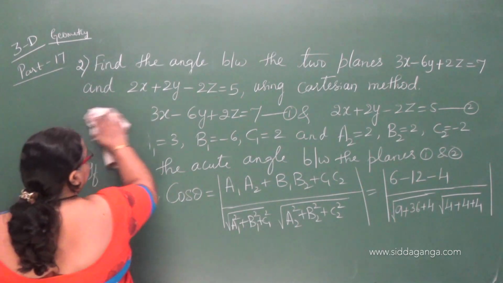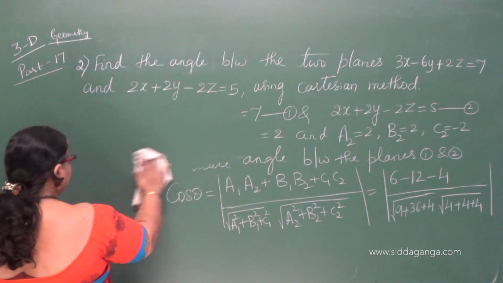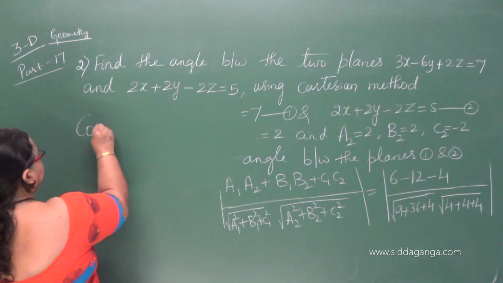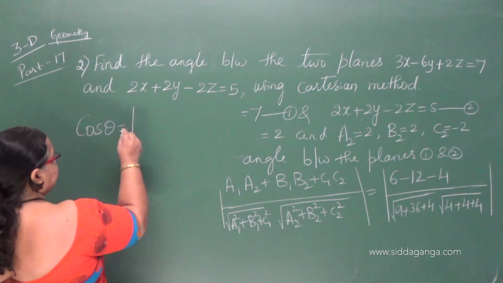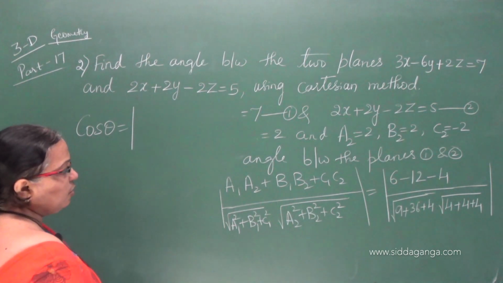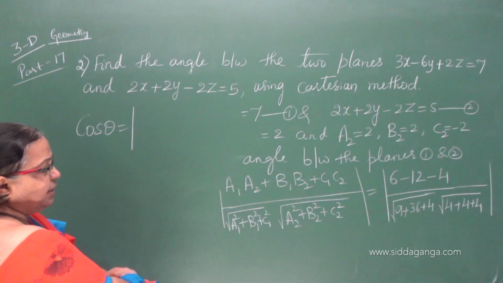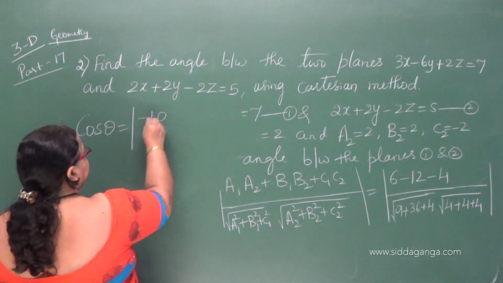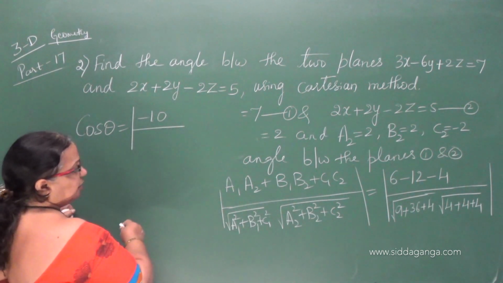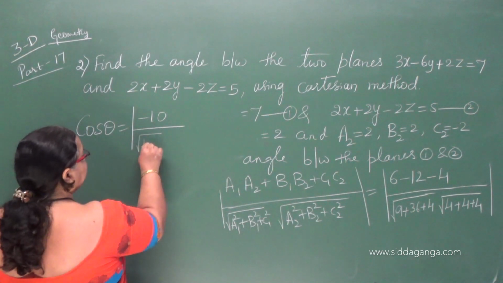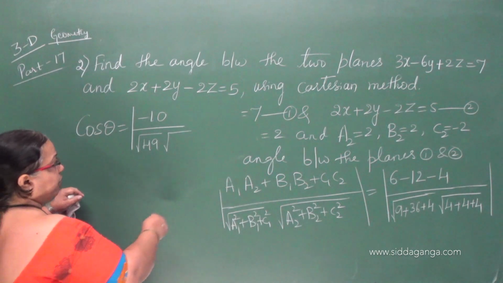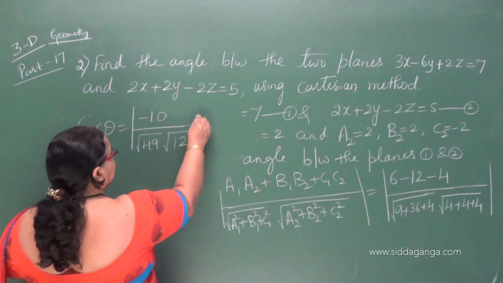So now cos theta equal to modulus of, we get minus 6 minus 4, that is minus 10, divided by root 49 into root of 4 plus 4 plus 4, that is 12.